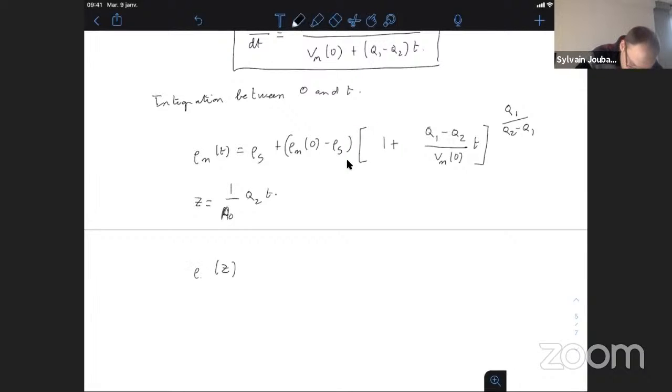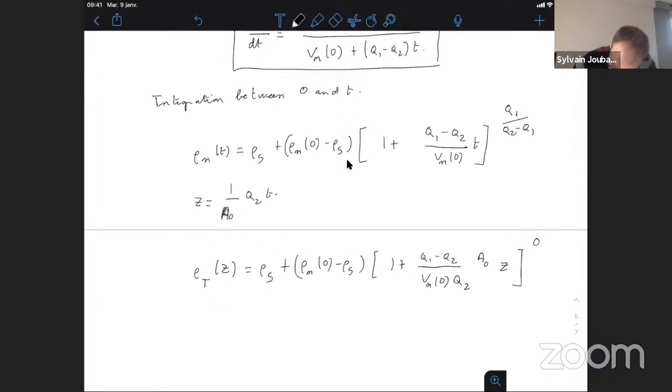So the density in the tank as a function of z is equal to rho_s, the density on one side, plus the initial density on the other side, times (1 plus (Q1 minus Q2) divided by V_m0, divided by Q2, times A_0 z) to the power Q1 divided by (Q1 minus Q2).